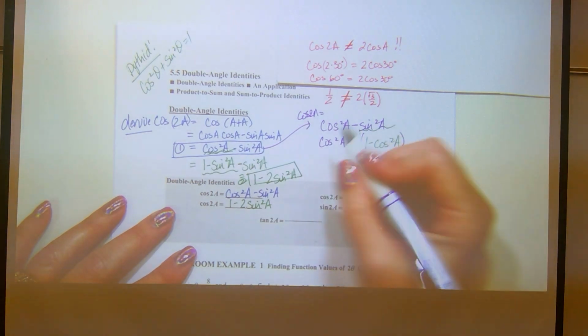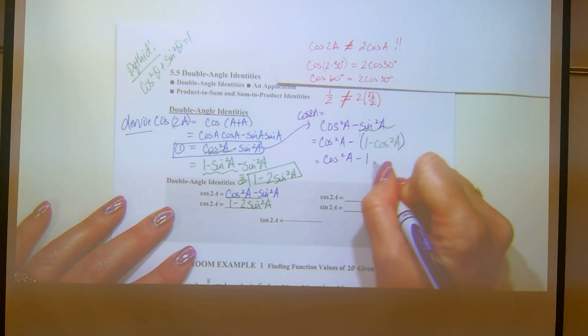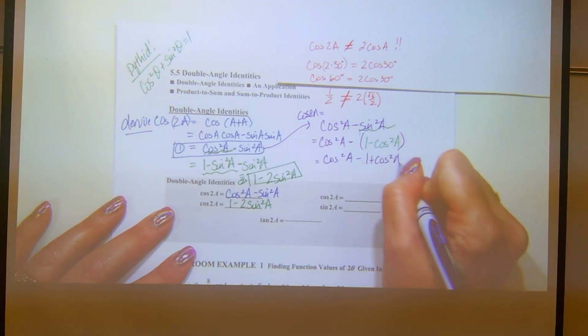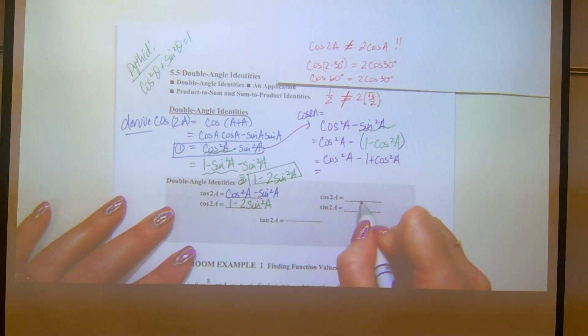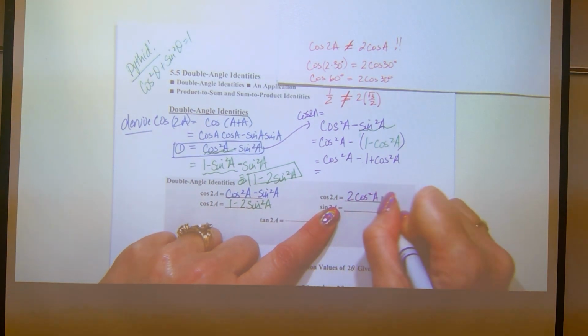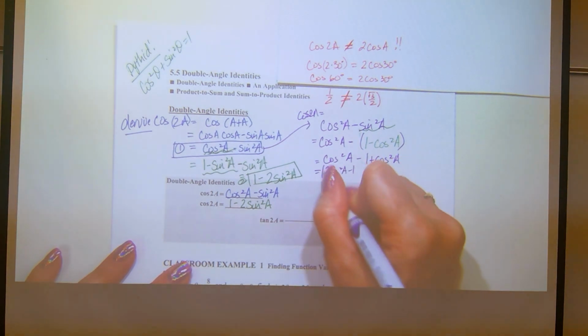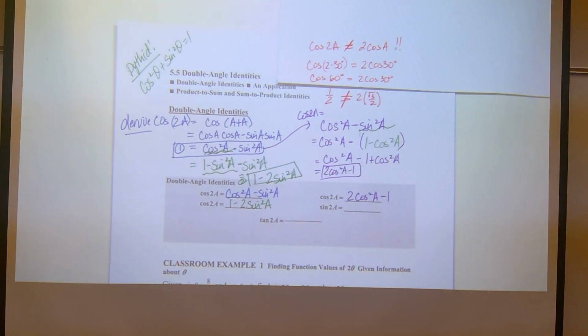Distribute, and I've got cosine square a minus 1 plus cosine square a, which is this third identity, 2 cosine square a minus 1. So we derived our 3 double angle cosine identities.